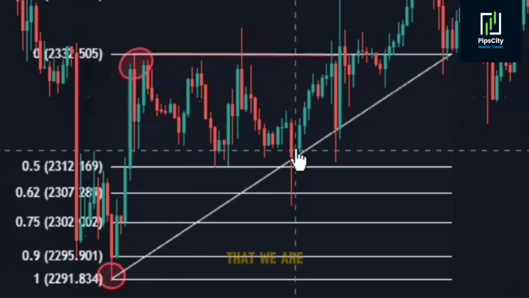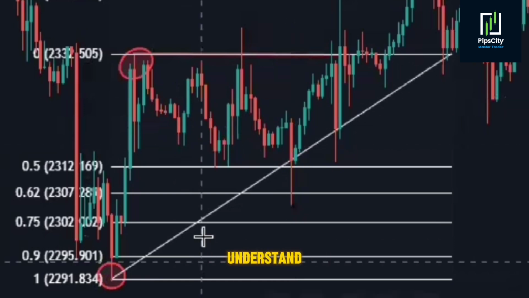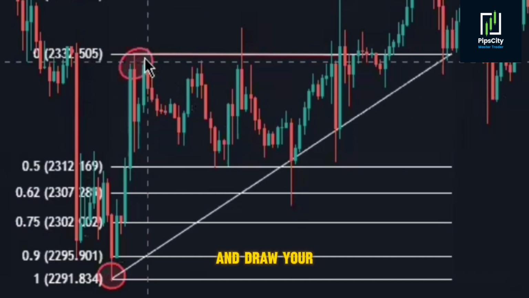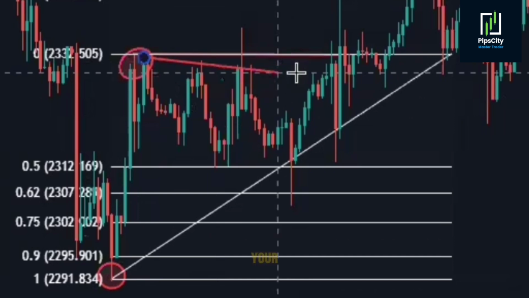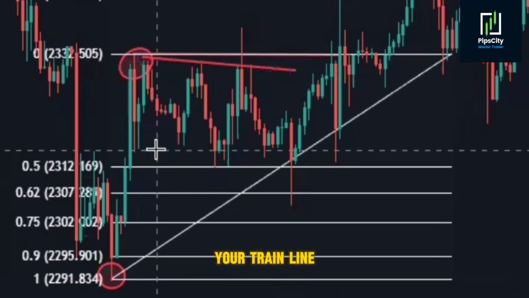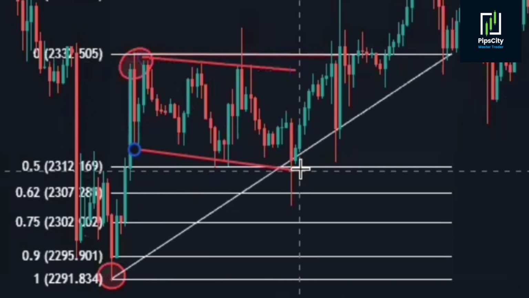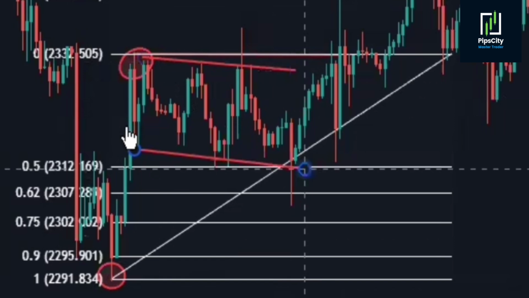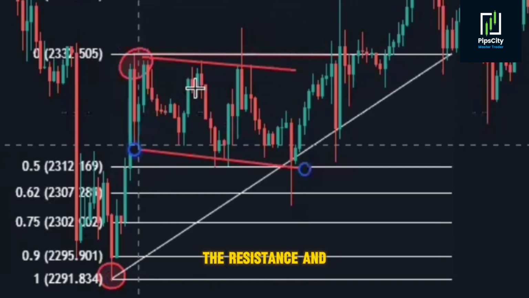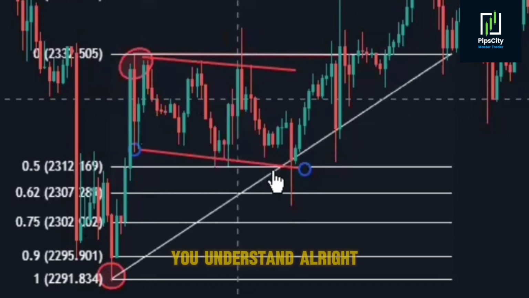This is the range that we are talking about. You understand? You can just come here and draw your trend line. You see, draw. So this is where we have your resistance and support. Do you understand? All right.